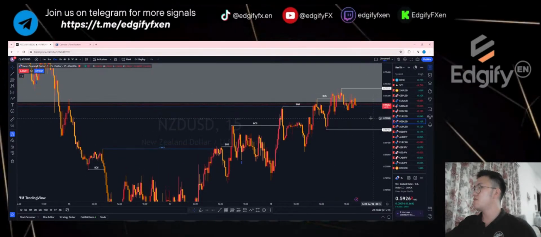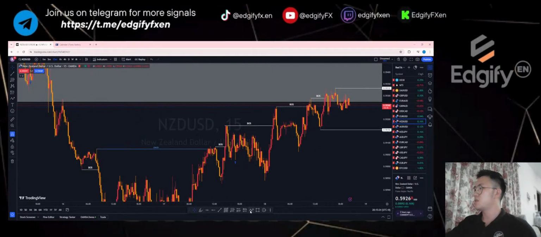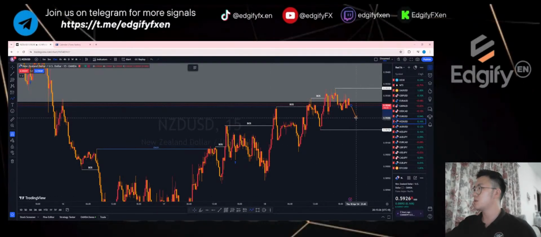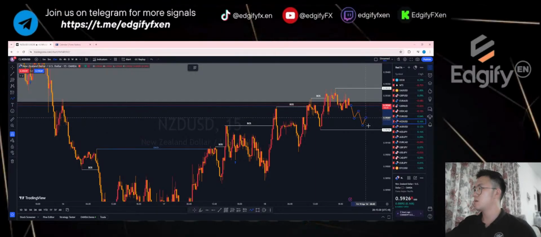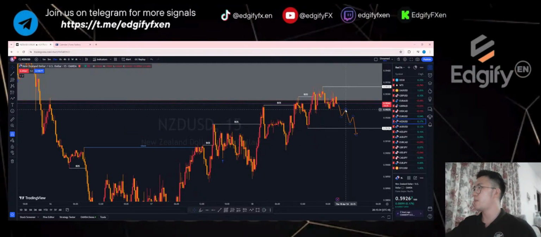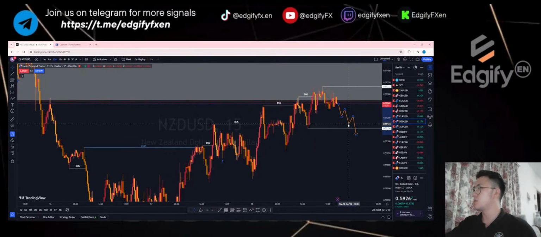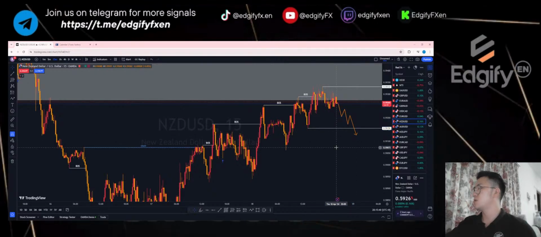On the minute 15, I'll be seeing this one break below first, basically break this price, and then I will look into M1 for an entry. That's what I'll be looking for.